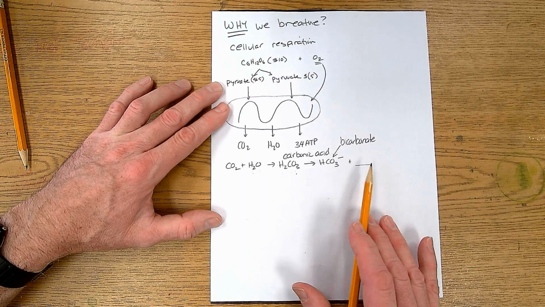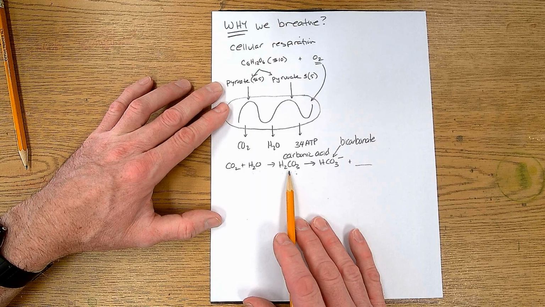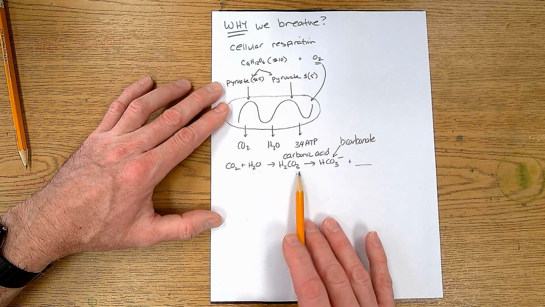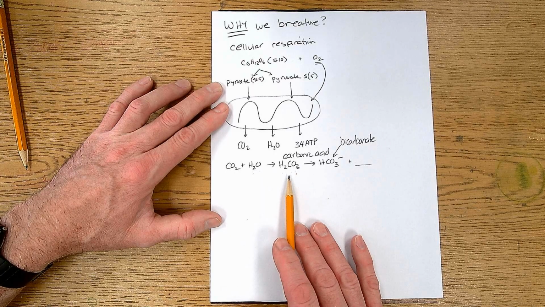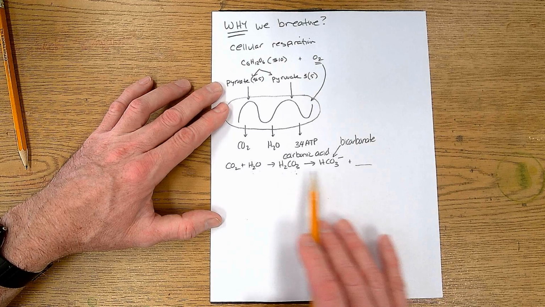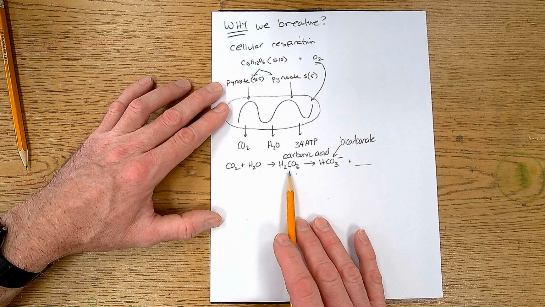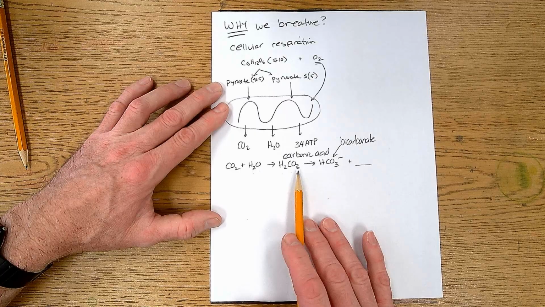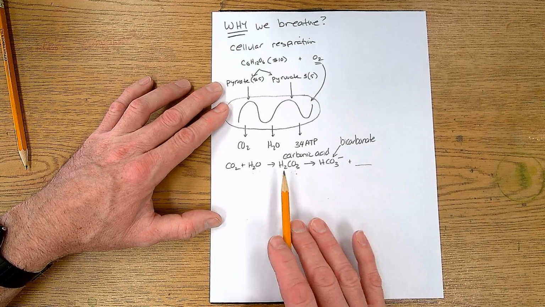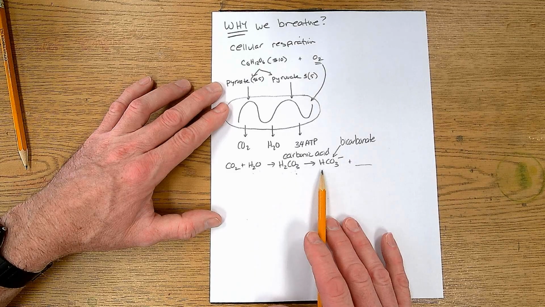Let's figure out what the other guy is by using our knowledge of chemistry. Let's start over here. We've got 1 carbon. The number of each atom on the carbonic acid side of the equation must equal this side of the equation. So 1 carbon here, 1 carbon there, that checks out. 3 oxygens here, 3 oxygens here, that checks out. 2 hydrogens here, only 1 hydrogen here.